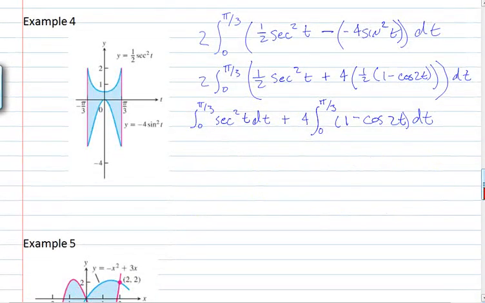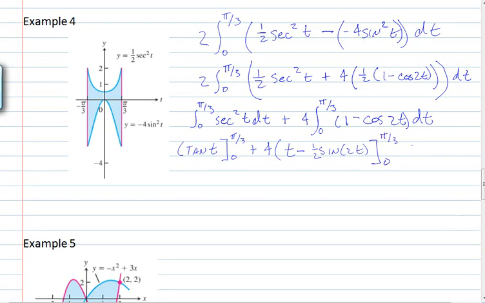So far, so good? All right, when we integrate secant squared, what do we get? Tangent from 0 to pi over 3 plus 4 times t minus sine 2t times a half, from 0 to pi over 3.